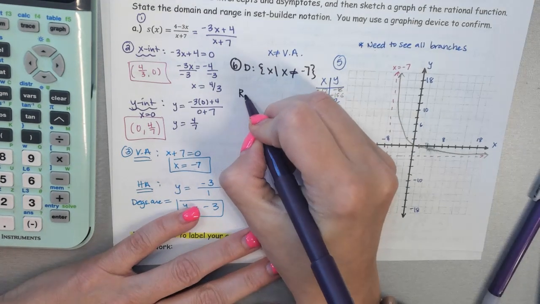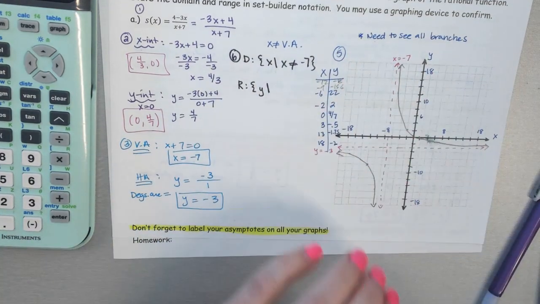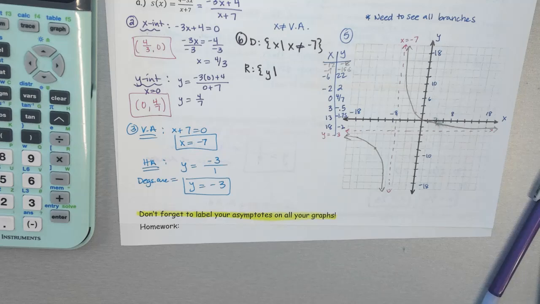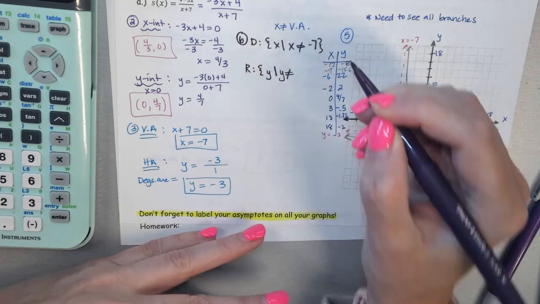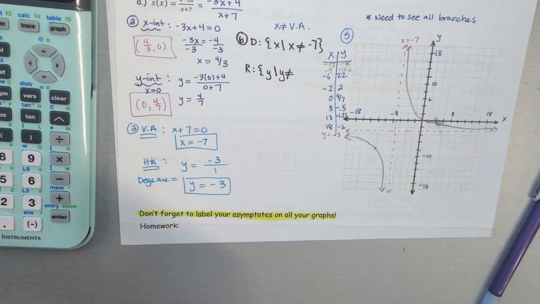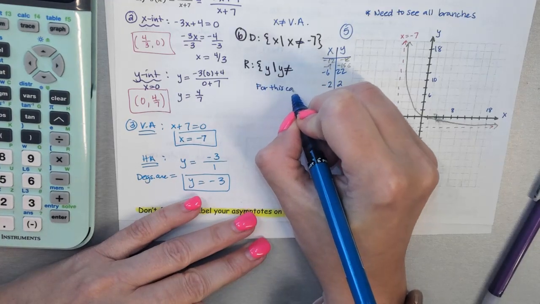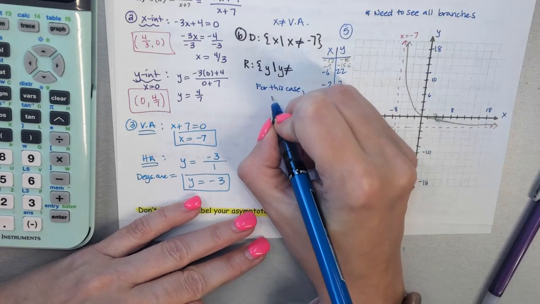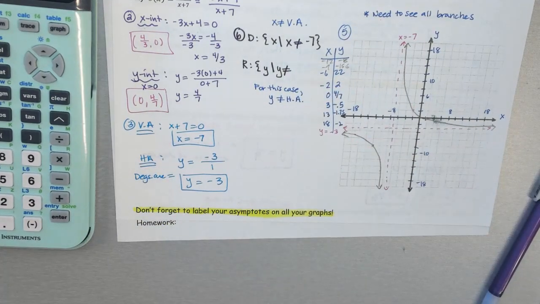Okay, the range is the one that's going to vary. So if you have 2 branches like this hyperbola here, it is just going to be y cannot equal the horizontal asymptotes. And that's just for this case. So that's why I'm going to specify that. For this case, y cannot equal the horizontal. But we're going to see some different cases here.